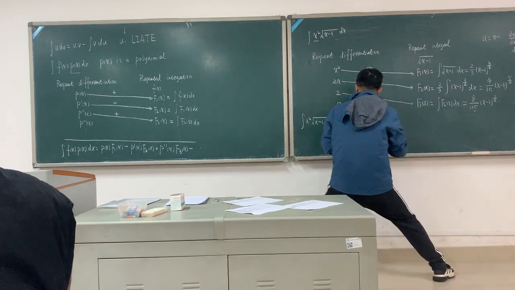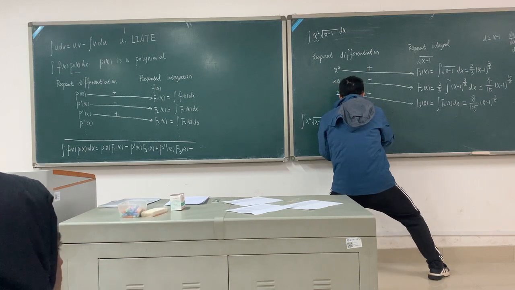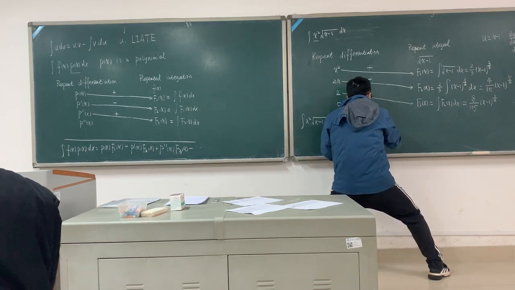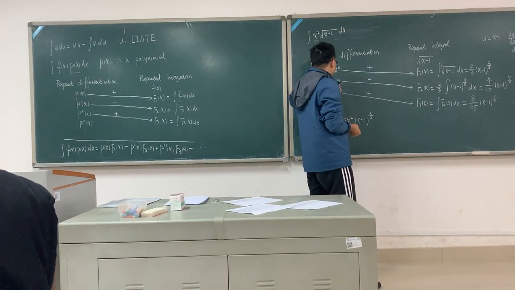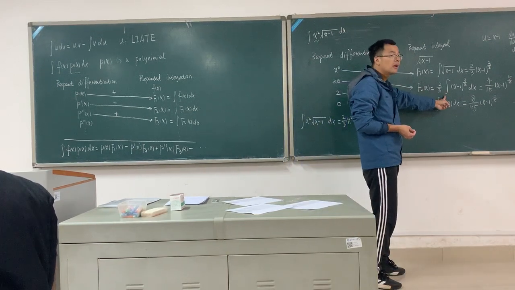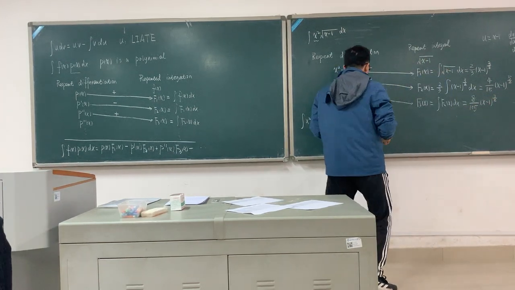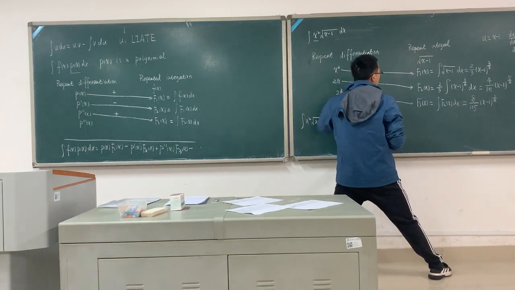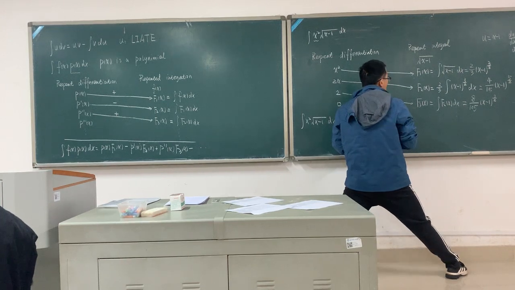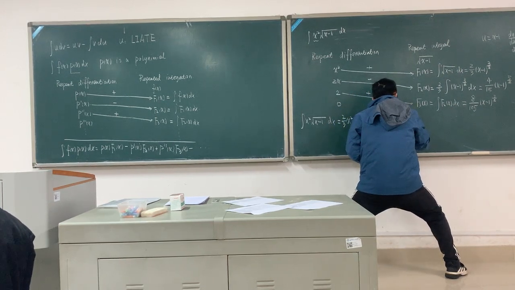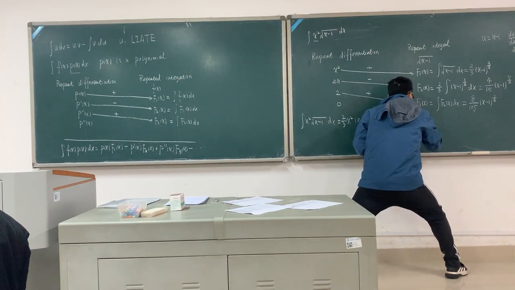F1 is this function, so it is 2/3 (x minus 1)^(3/2). So this is the first. The second is 2x times this function, so here is minus 2x times this function, so it's 8/15 x (x minus 1)^(5/2).